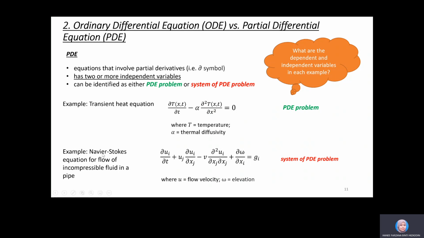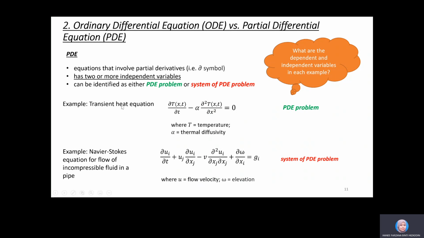And another example is the Navier-Stokes equation for flow of an incompressible fluid in a pipe. You will learn this in fluid mechanics 1 or 2. Here u is the flow velocity, so the velocity of the fluid depends on the time and x, the distance traveled.